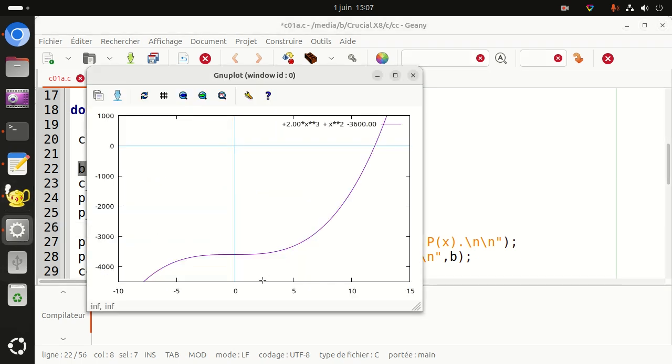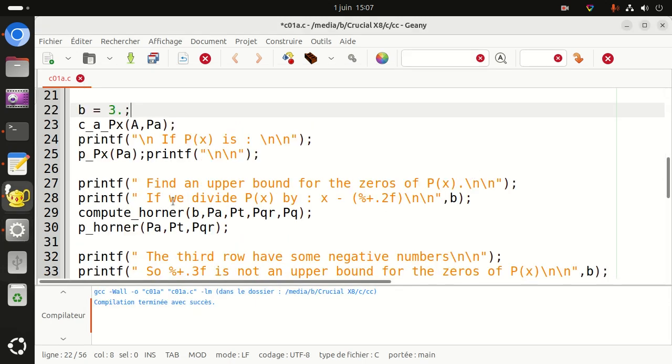You see 3 is here, and you can see there is a root on the right of b, so 3 is not an upper bound for the root of p of x.